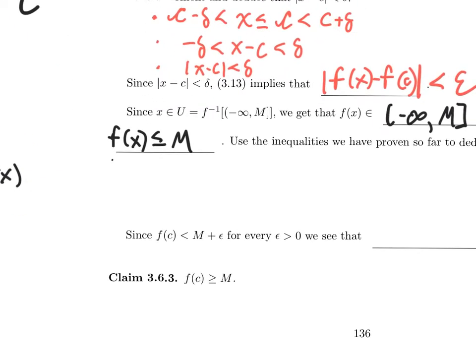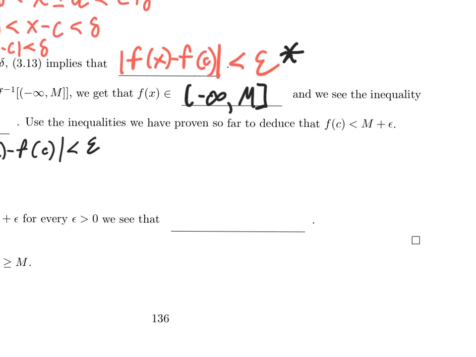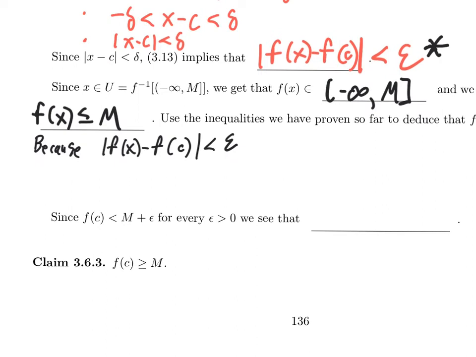So let's see. Because the absolute value of f of x minus f of c is less than epsilon, I want to solve this for f of c. That's what I care about. What do I get out of that? I get f of x minus epsilon is less than f of c is less than f of x plus epsilon.